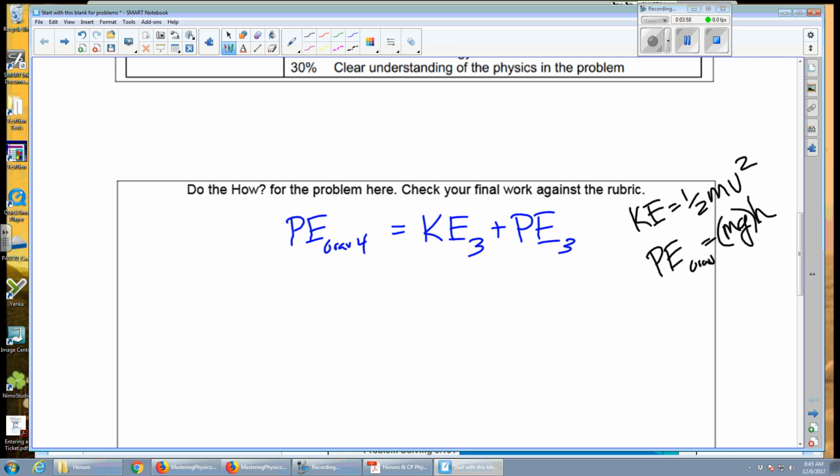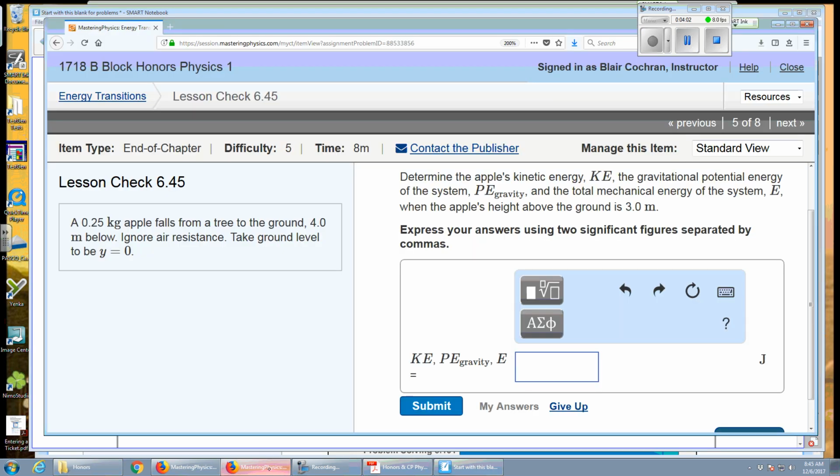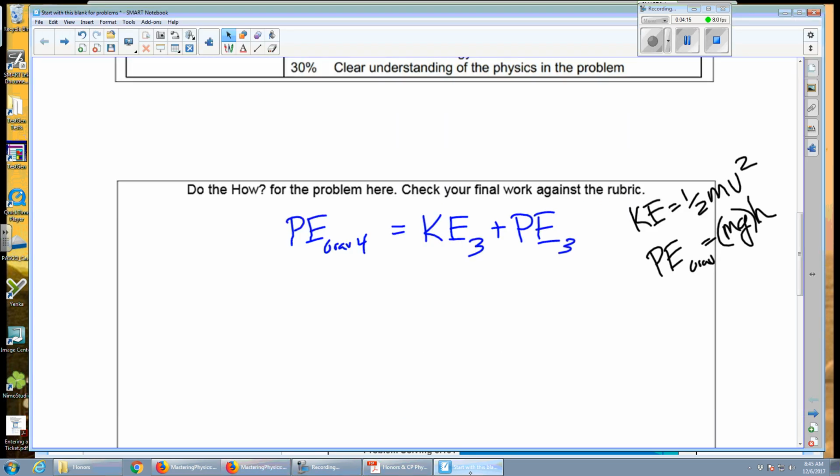And now maybe I should look and see what they actually want me to find. Kinetic energy, potential energy, and the total mechanical energy when the apple's height is 3 meters. So the total energy would be either side of this, right? Because the total energy at 4 is the same as the total energy at 3.